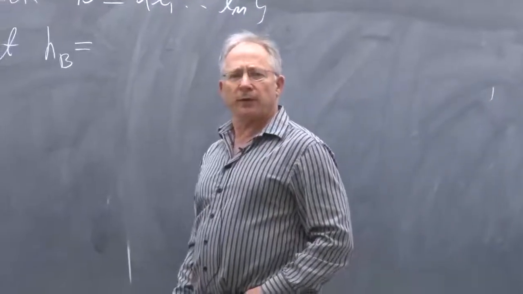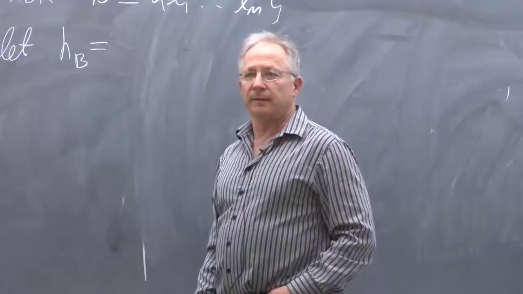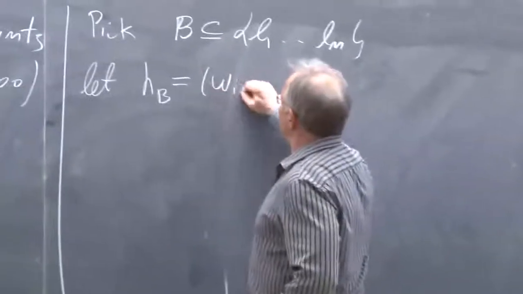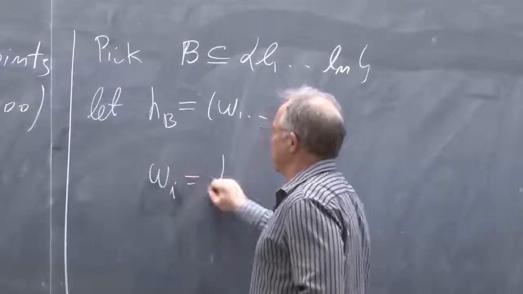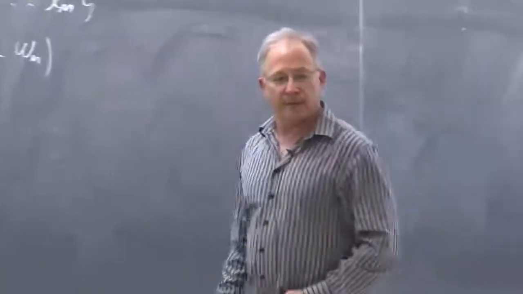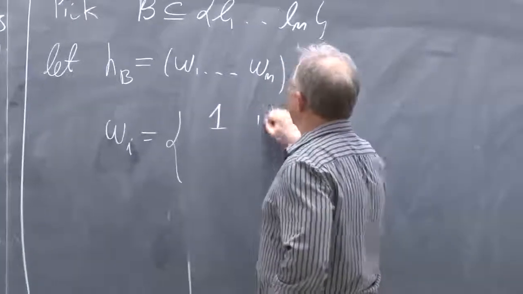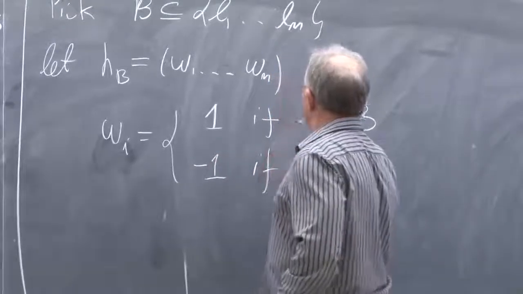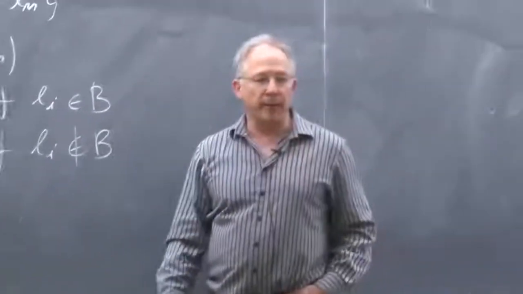So what do you suggest? What are going to be my coordinates? It is going to be coordinates W1 up to Wn, but how do I define Wi? Yes? Right. Very nice. It is 1 if Ei belongs to B, and negative 1 if Ei is outside B. So I give you a vector of weights which are -1 and +1.